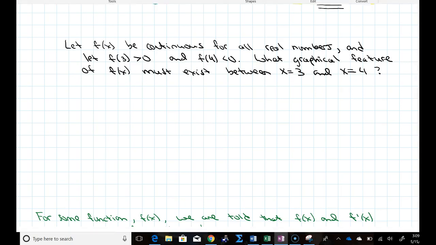Well, the answer here is this. If you know that there's some function that's continuous, and that at f of 3 the function is positive, and at f of 4 the function is negative, if f is continuous, well then that means f of x must have a root somewhere between 3 and 4, because according to the IVT, over some interval over which the function is continuous, so over the interval of 3 to 4, every y value must be accounted for at least once by an x value between 3 and 4.